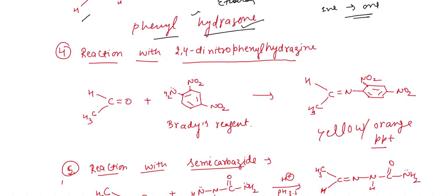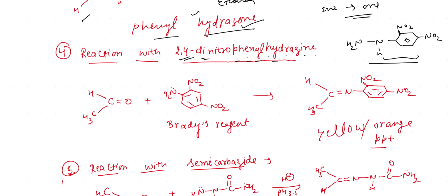The next is the reaction with the reagent 2,4-dinitrophenyl hydrazine. Okay, so this is your phenyl hydrazine. When it is substituted with a nitro group at the second position and at the fourth position, then it is called 2,4-dinitrophenyl hydrazine.